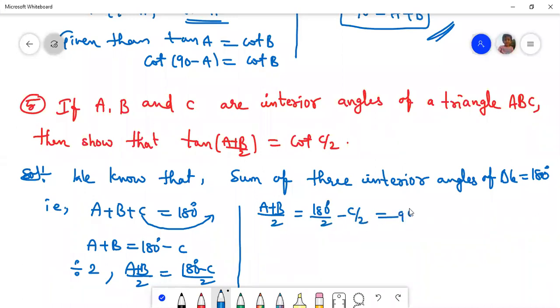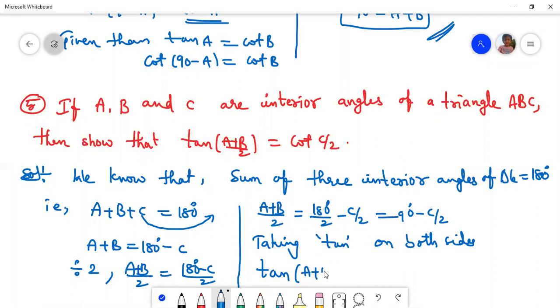That is equal to 90 degrees minus C by 2. Taking the tan function on both sides, then tan of (A plus B) by 2 equal to tan of (90 degrees minus C by 2).